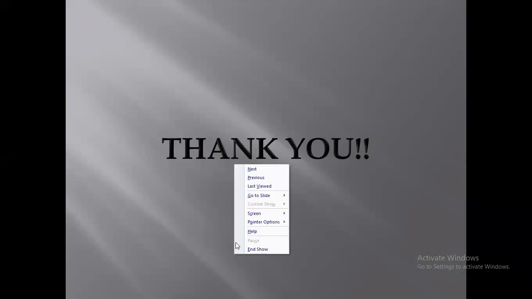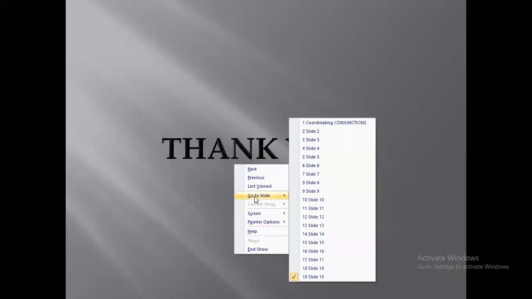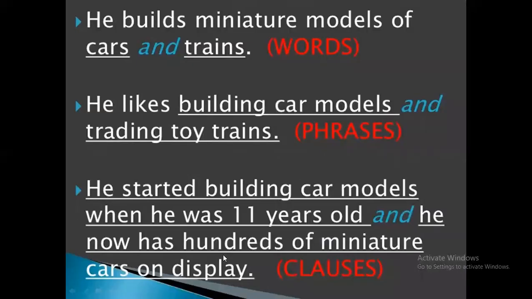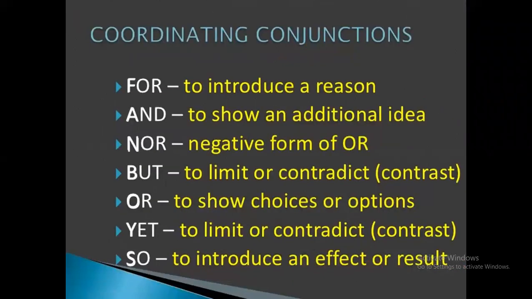So children, with this we come to the end of our class. We have done conjunctions today. We have done coordinating conjunctions and once again, these are the coordinating conjunctions, fanboys: for, and, nor, but, or, yet.